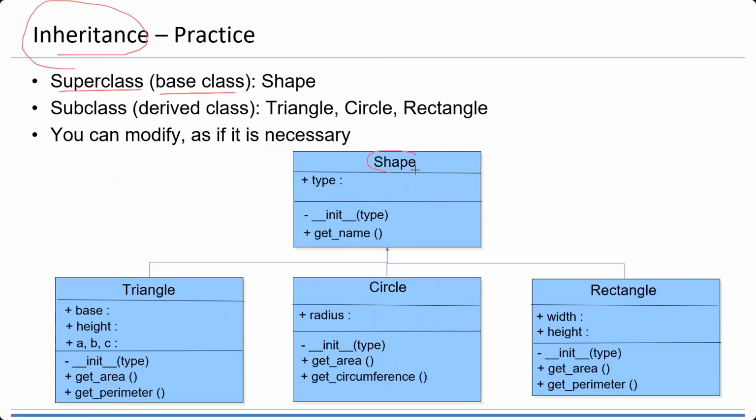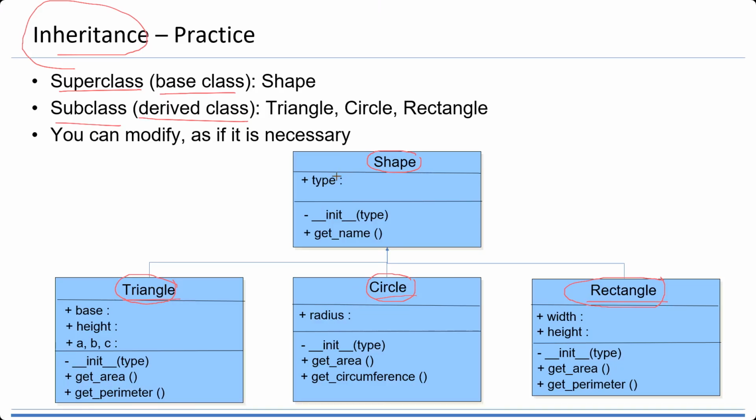This is shape. And we have the subclass or the derived class. There are three: triangle, circle, and rectangle.